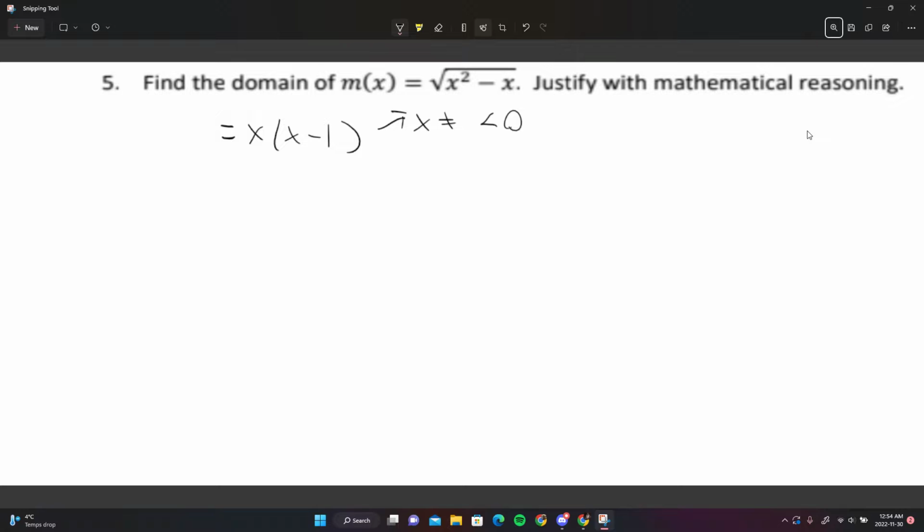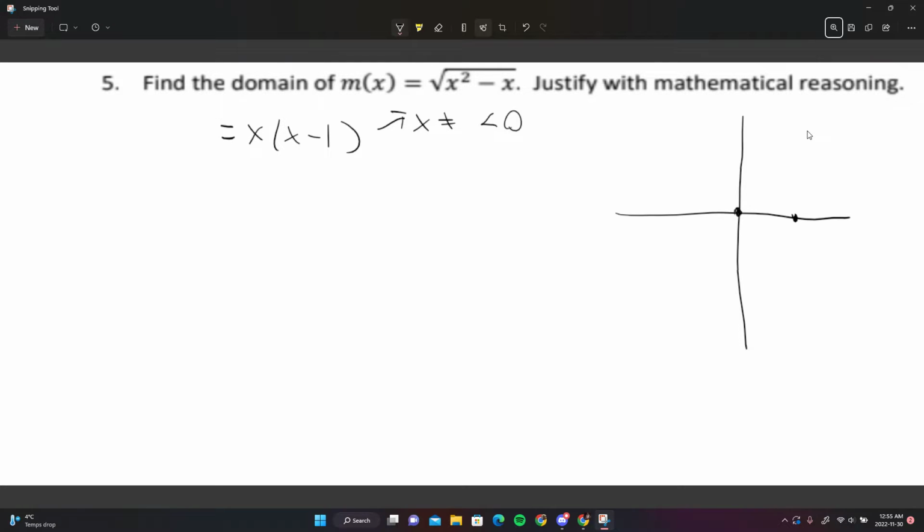There are two ways you can do this, and I'm going to show you both ways. The way that I find to be easiest is doing this via graphing. First, we're going to plot our x-intercepts. They're going to be at 0 because of our x, and at 1, right?